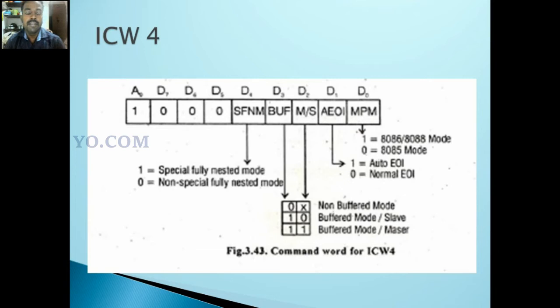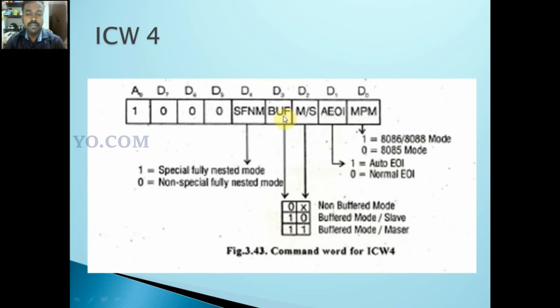So OCW1 is an interrupt mask. 1 means mask set, 0 means mask reset. We have 8 different interrupt request lines. If you put D0 equal to 1, the IR0 line is masked, so it is hidden and that interrupt cannot work.